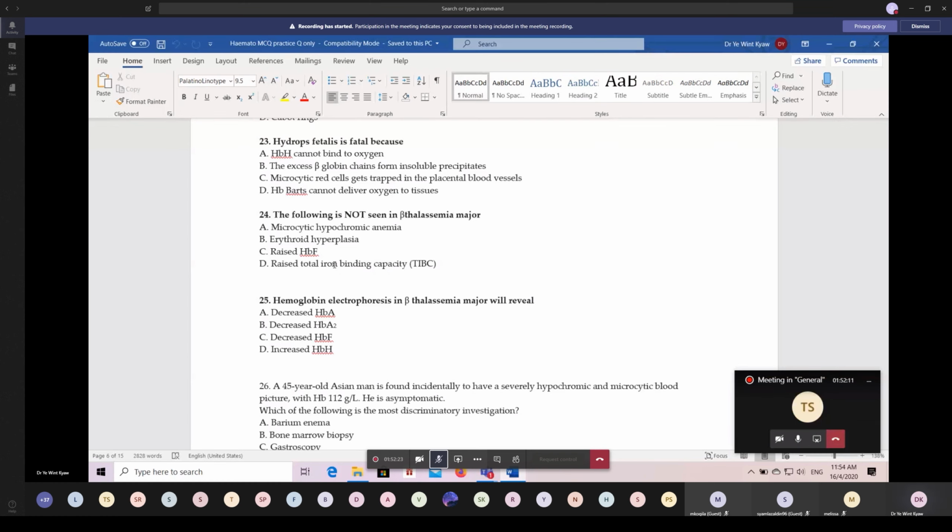Number 24 and 25. Quite easy. And the thalassemia topic.